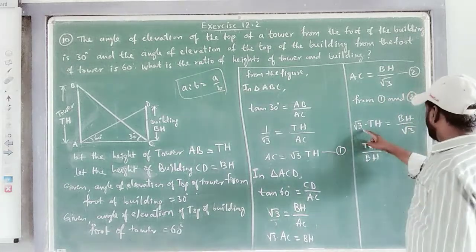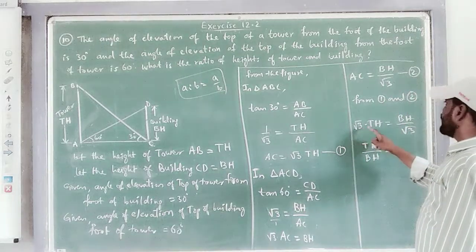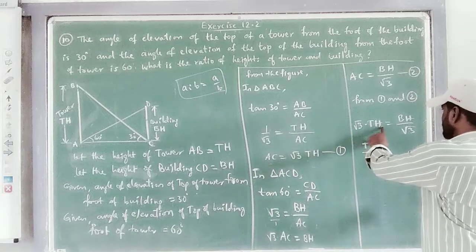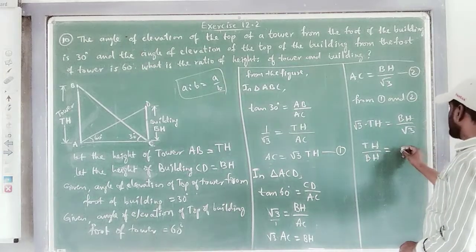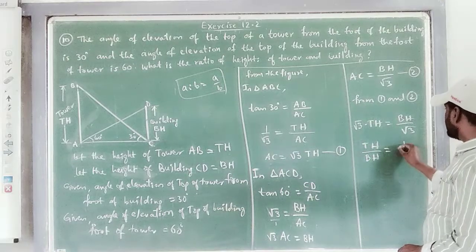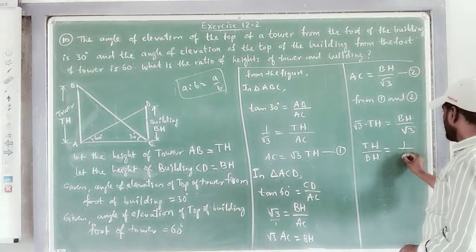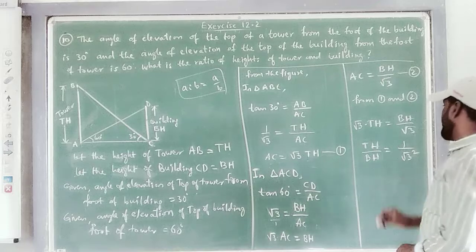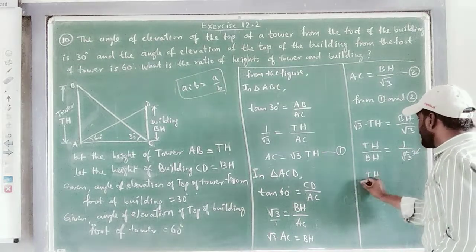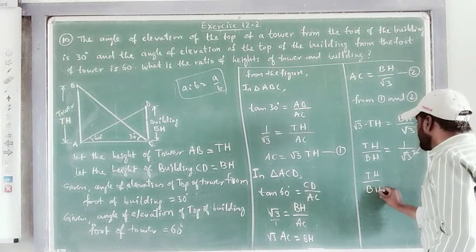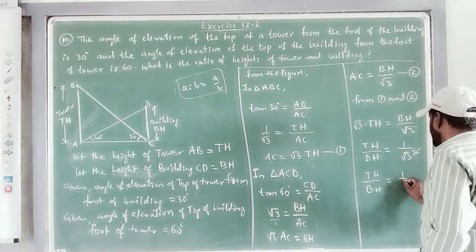Here this root 3 is there, no? By doing the cross multiplication, here root 3 into root 3, and BH gone outside, it will be 1 only. Root 3 into root 3 is root 3 square, so the square root gets cancelled. Here TH by BH is equal to 1 by 3.